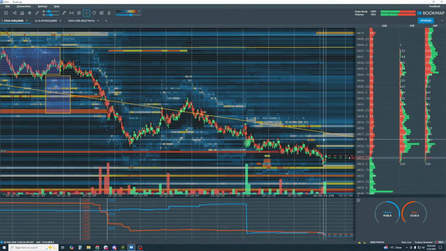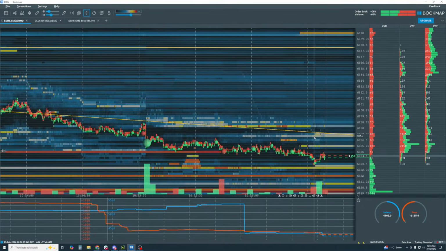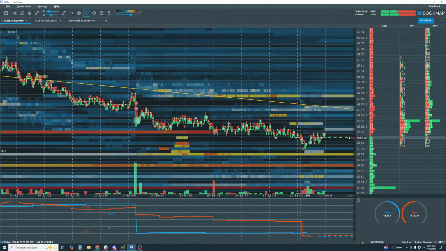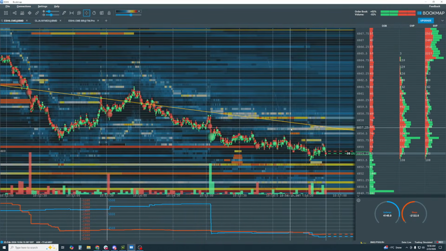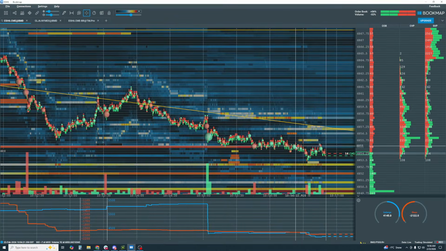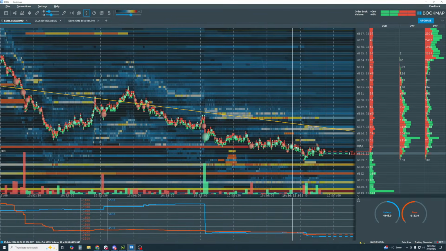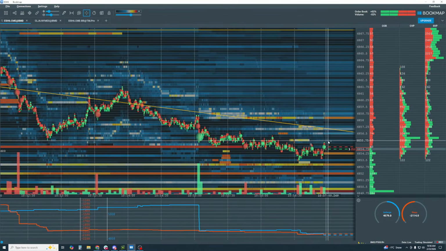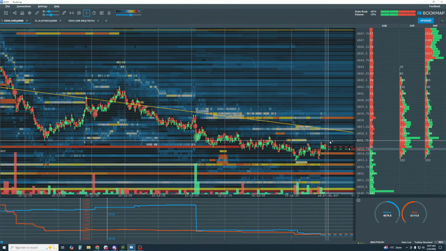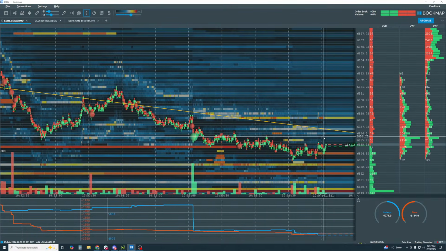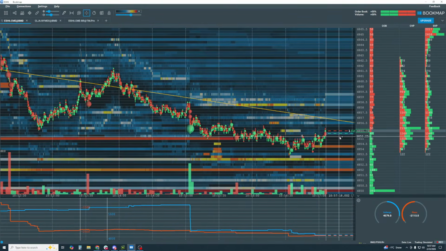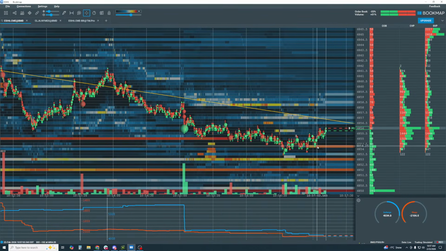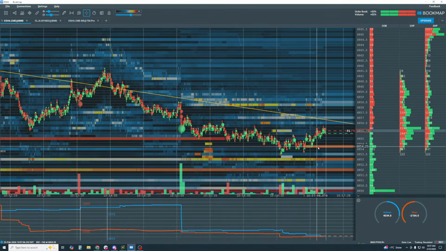Okay, sellers still driving it lower here, but not seeing a whole lot of selling here. Look at the volume delta bars. Look at the dots. Okay, they're bidding up underneath here. 54 and a quarter.